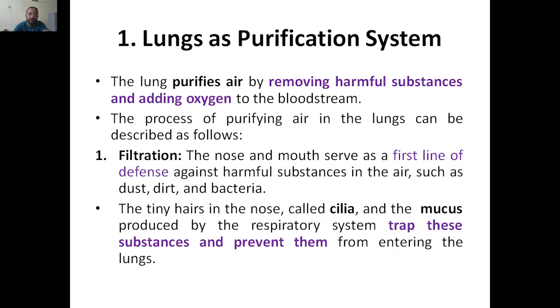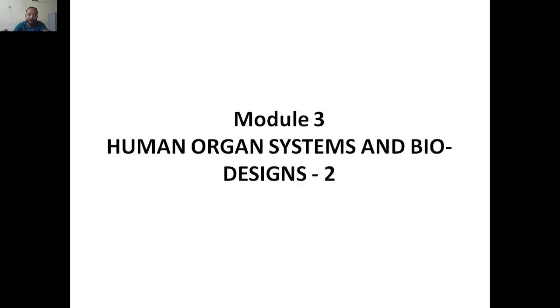in module 1, module 2. In module 2, it was about human organ systems and biodesigns part 1. Here in part 1 we discussed 3 major organs: the brain as CPU, eye as camera, heart as pump system.